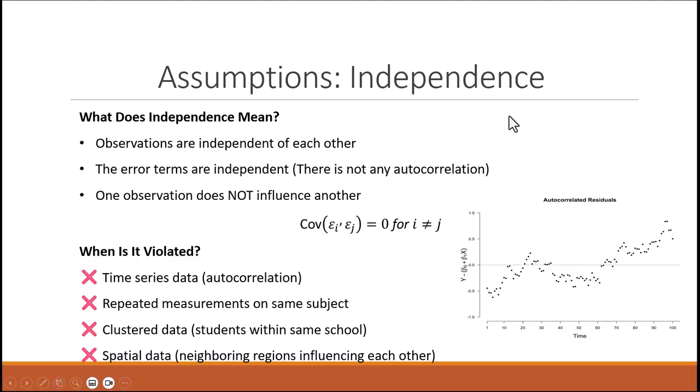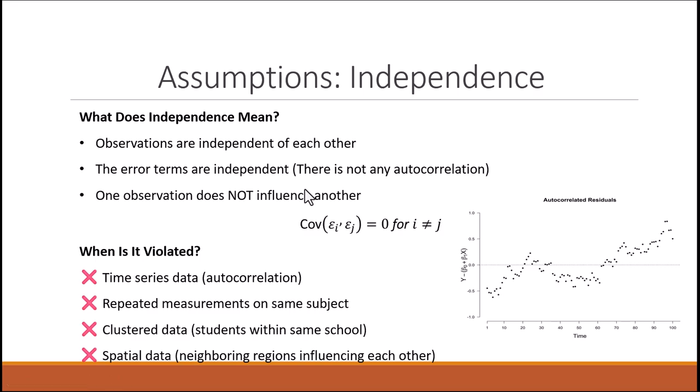The second assumption is independence. What does independence mean? Observations should be independent of each other. You may ask how we can understand that the observations are independent of each other when the error terms are independent of each other. There is not any autocorrelation between them.